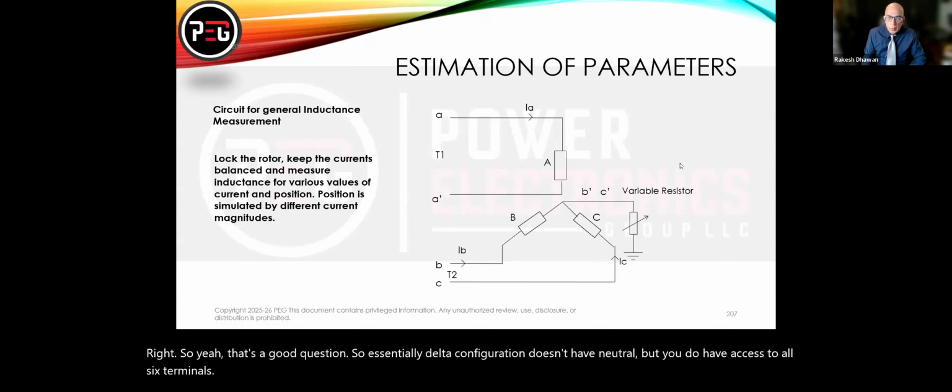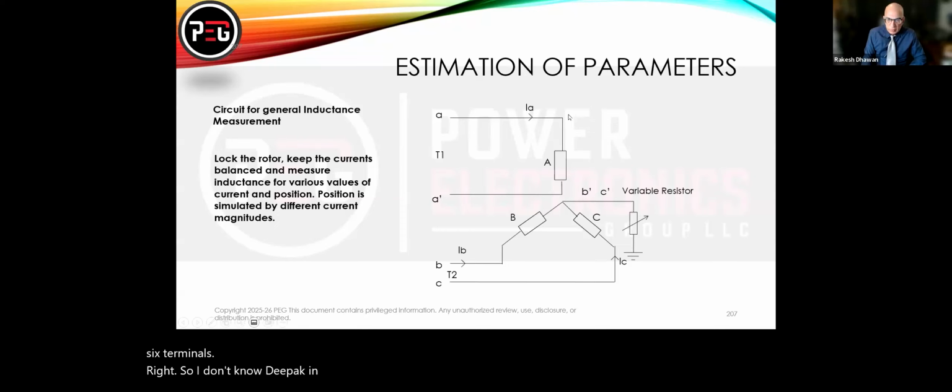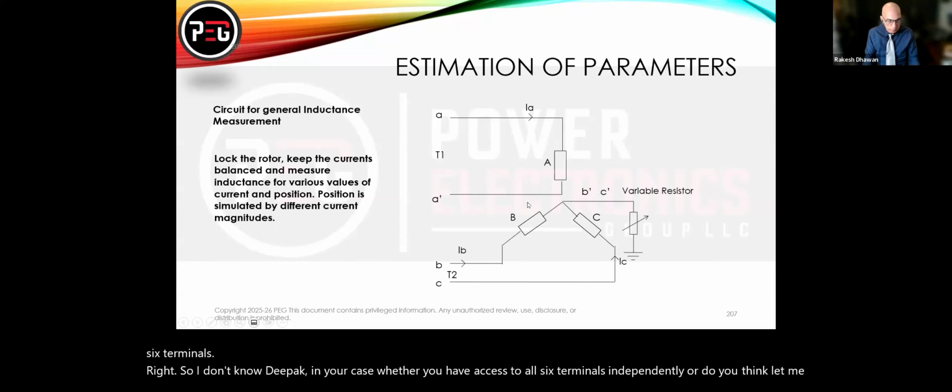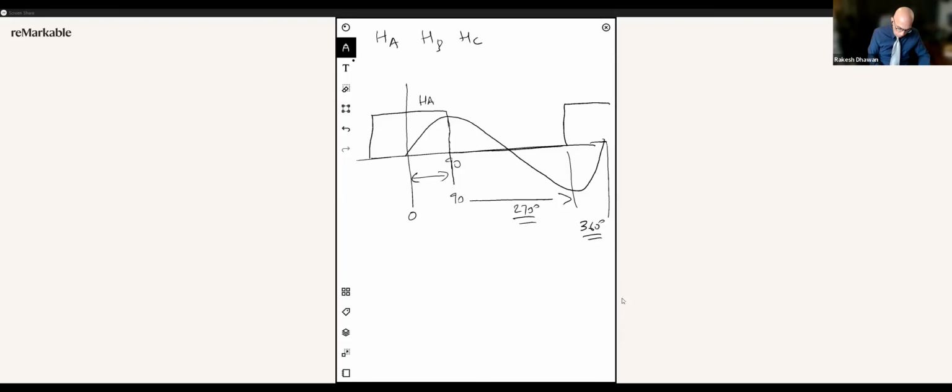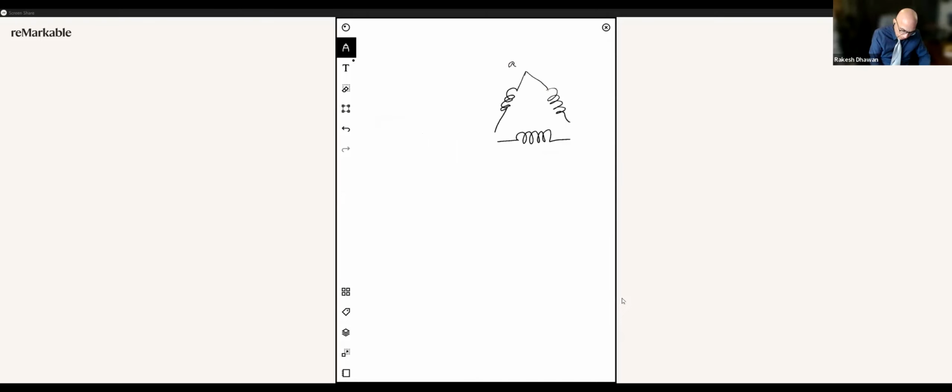So I don't know, Deepak, in your case, whether you have access to all 6 terminals independently. Let me draw it, for example. Let's see if we can draw it real quick. Let me go back to our drawing board and see if we can do this math real quick. Give me a minute while I bring the chart. All right, so when I have delta configuration, I can say I have A dash, B dash, C dash.